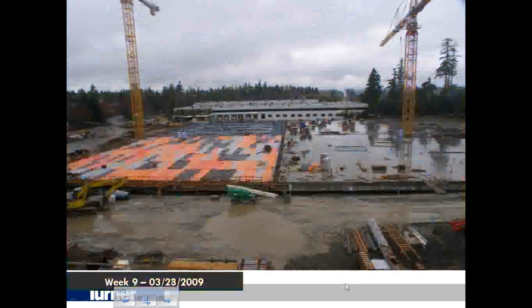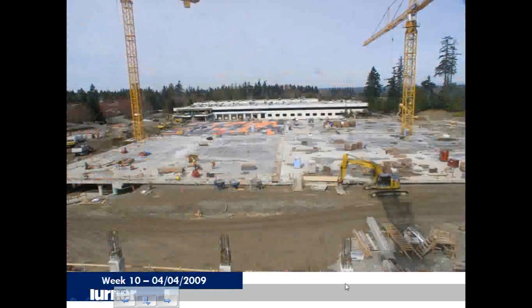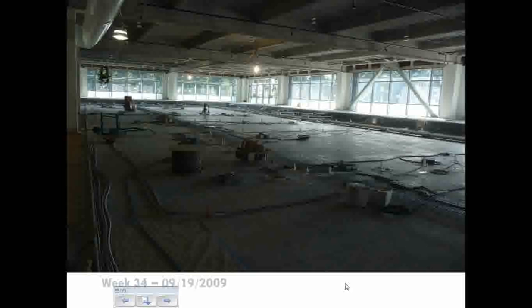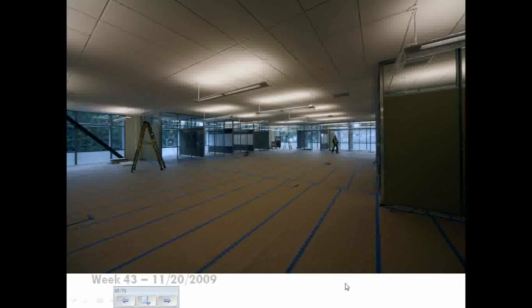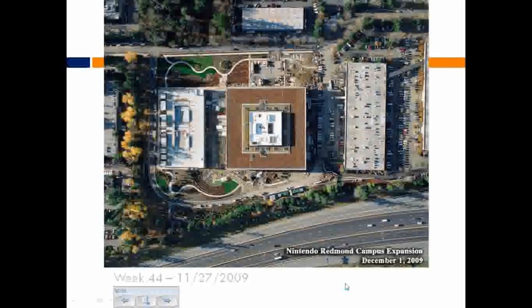We're working at single shifts. Prefabricated exterior panels, rain screen. A Class A office building in 44 weeks.